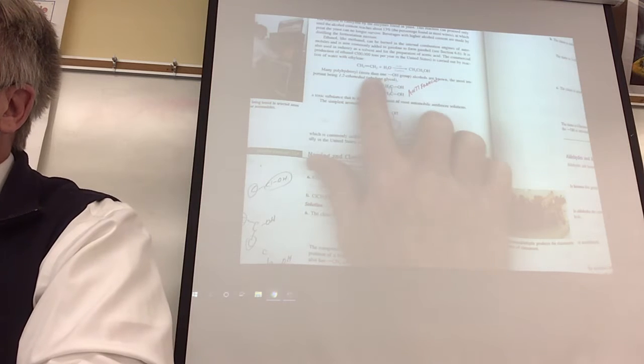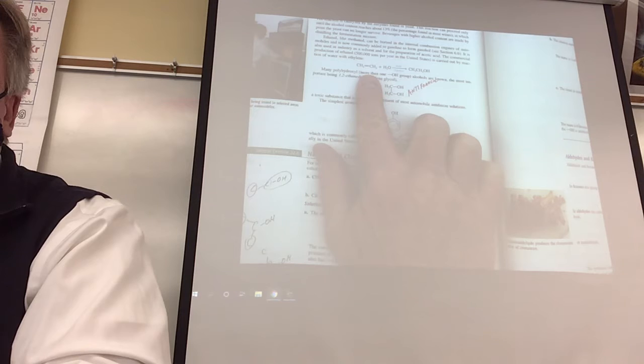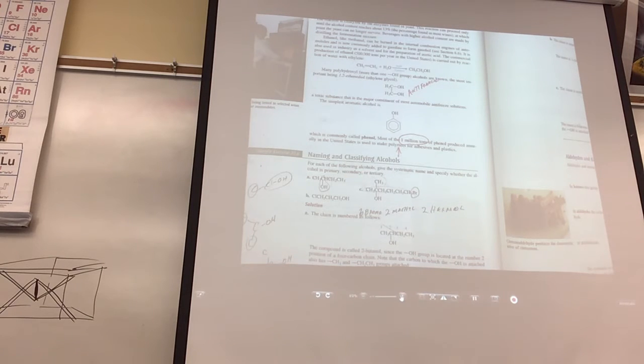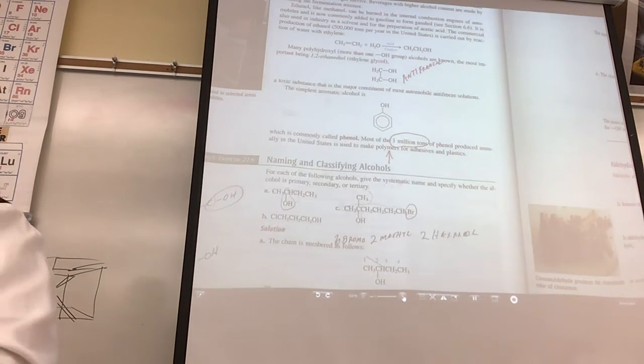And so the other way was, what is this right here called? Can you see this very well? Oh, I'll magnify it. I'm sorry. What is this called right here? Polyhydroxyl. Wow.